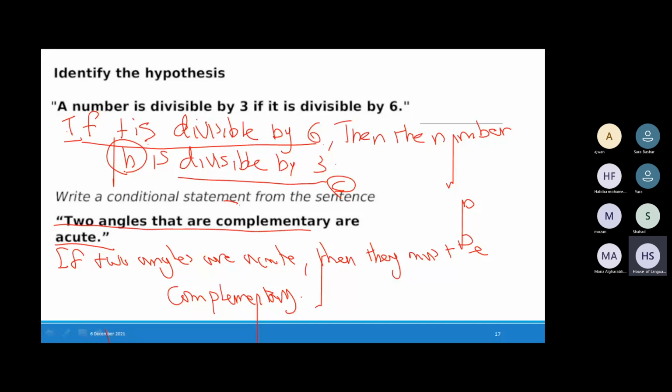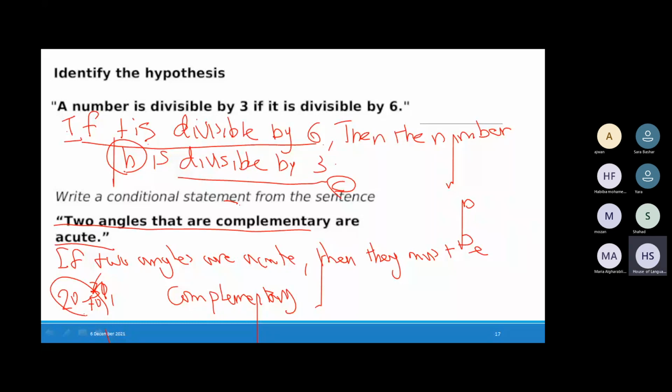Like 20 and 70. Both of them are acute, so they must be complementary. But if they are complementary, they must be acute.